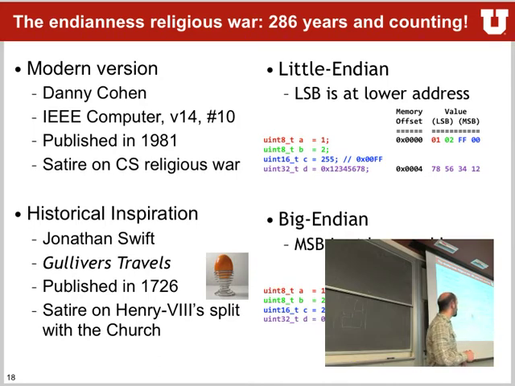So how does the encoding work? In Little Endian, assume you have two unsigned integer 8s, which are 1-byte unsigned variables, and a 16-bit and a 32-bit integer. They're defined as 1, 2, 255, and 1, 2, 3, 4, 5, 6, 7, 8. This makes it easy to see what's happening in memory.